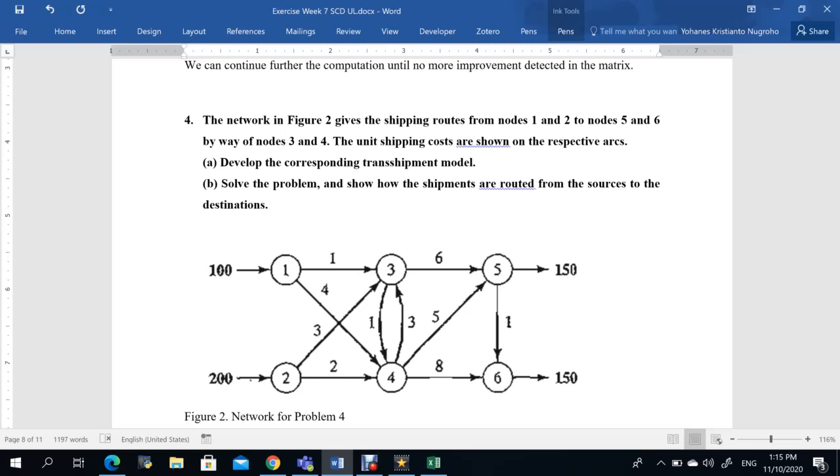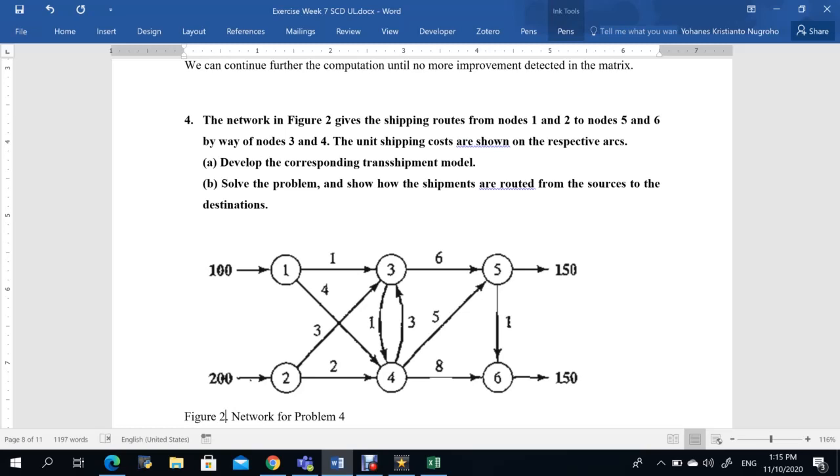So if we look at this network, it is not purely direct transportation from 1 and 2 to 5 and 6. Indeed, it passes through transshipment points 3 and 4.